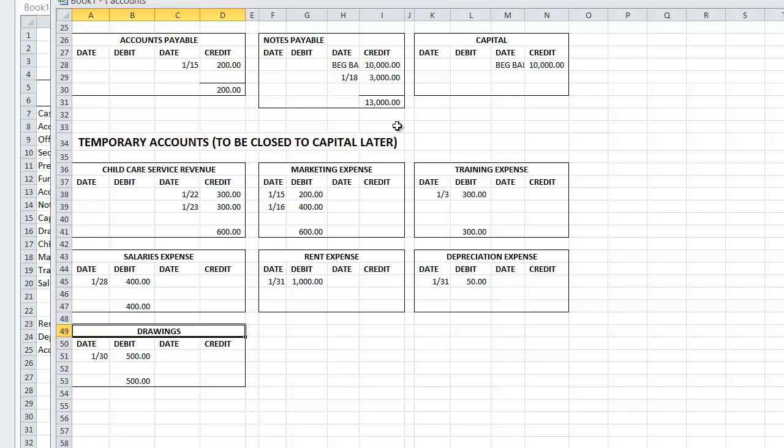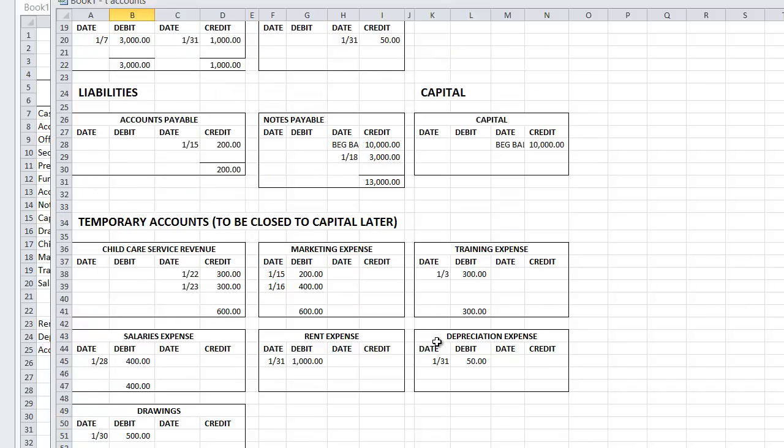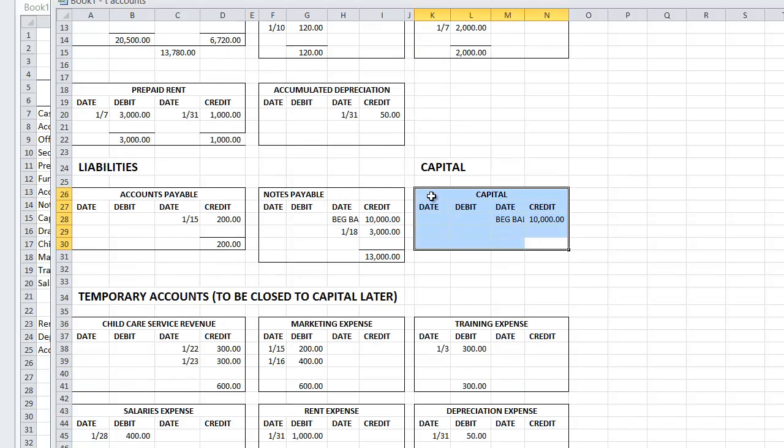So think about this as if you needed to zero out all of these accounts. You need to zero out this $600, this $600, this $300, this $400, this $1,000, this $50, and this $500, and you have to convert them all to only one account. This is our special account, capital. So all that money needs to go to capital.